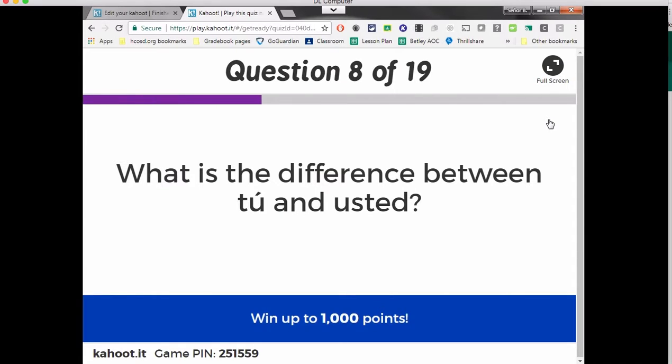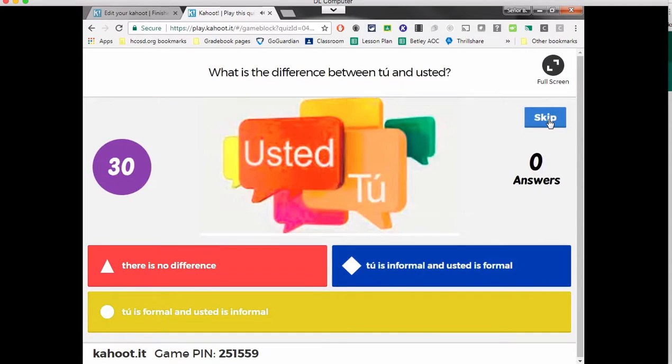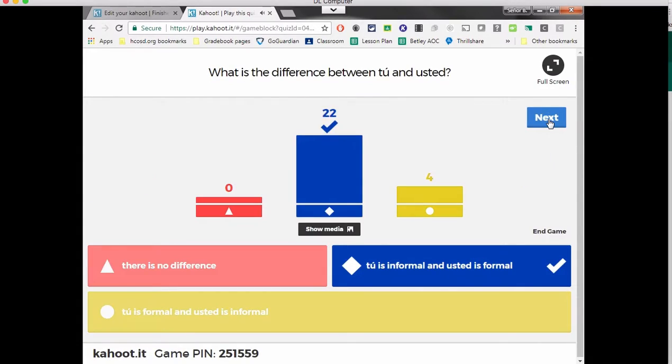So let's go with the difference between tú and usted. What's the difference? Tú is informal and usted is formal.